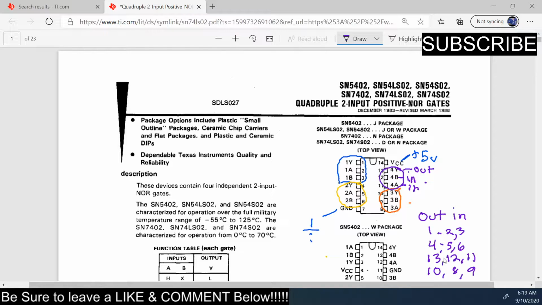So that's how that would work. So if you have an output on one of those four, there's your inputs.